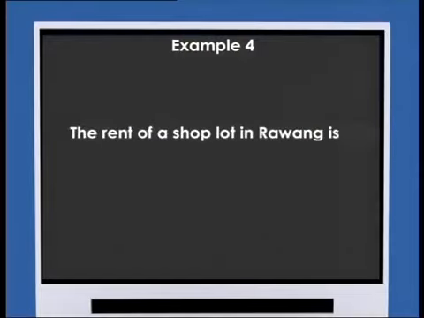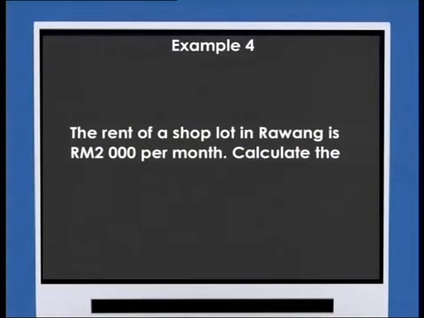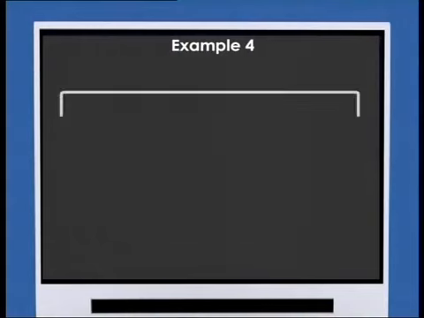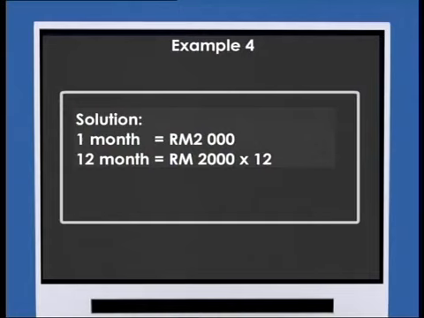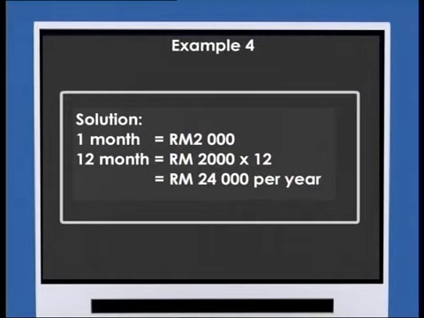Example 4. The rent of a shop lot in Rawang is 2,000 ringgit per month. Calculate the rate in ringgit per year. Solution. 1 month equals to 2,000 ringgit. 12 months equals to 2,000 ringgit times 12 equals to 24,000 ringgit per year.